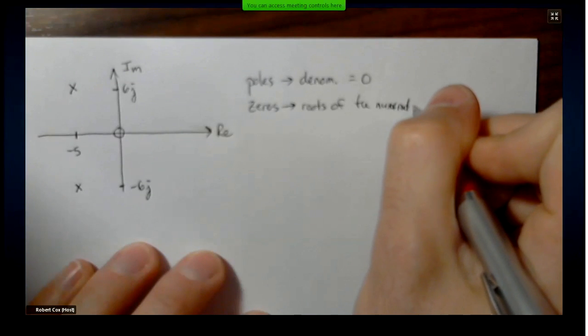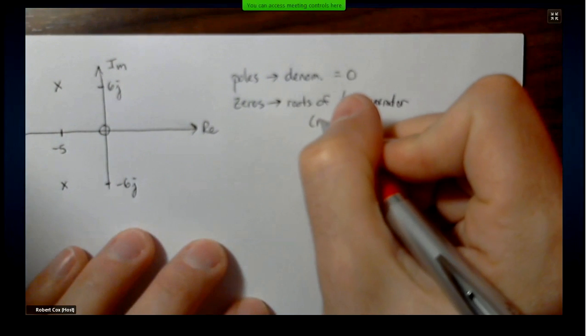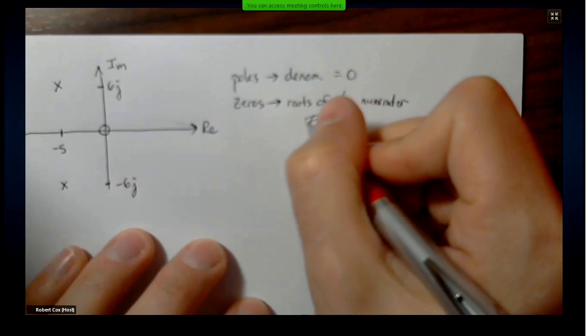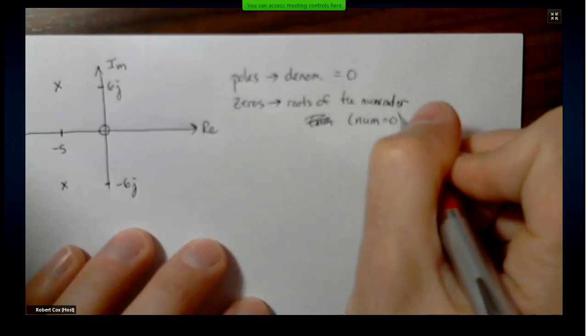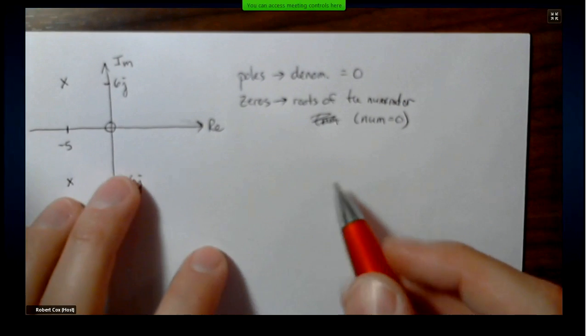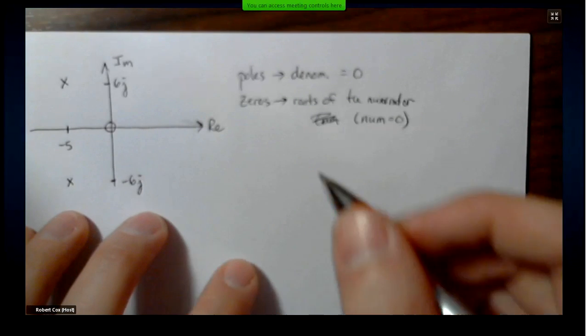So basically things that make the numerator equal to 0. So this guy makes the numerator equal to 0. These two make the denominator equal to 0.